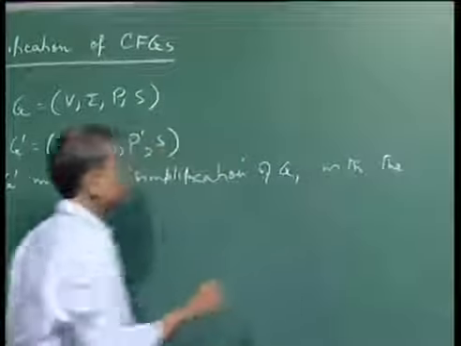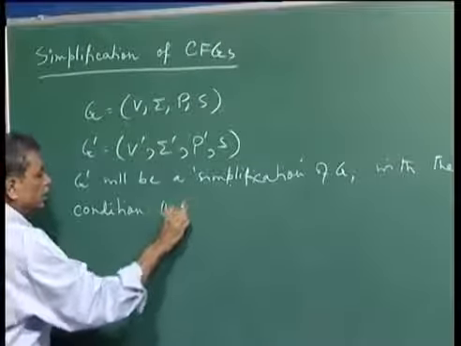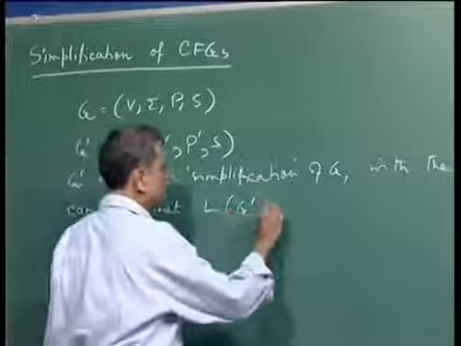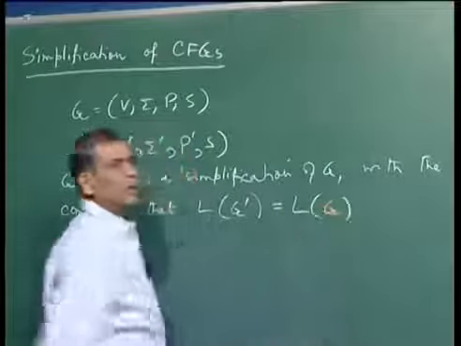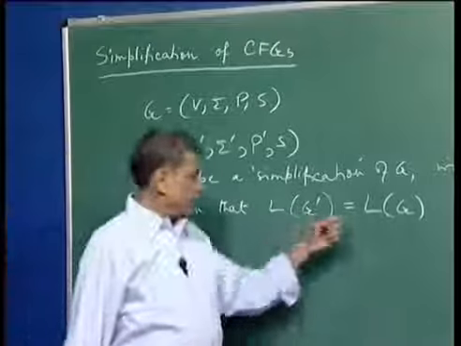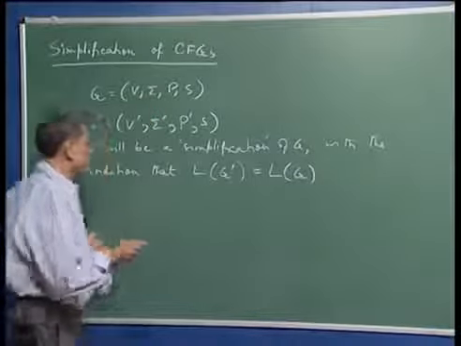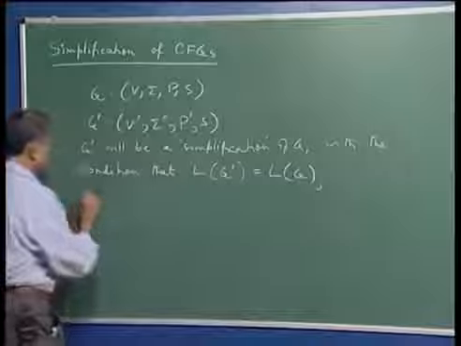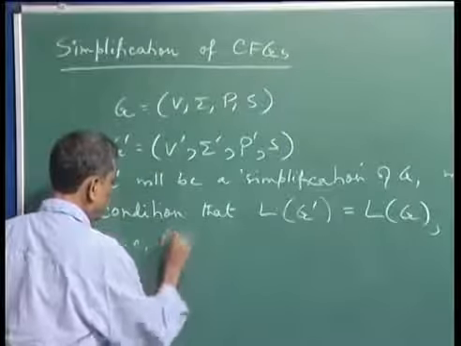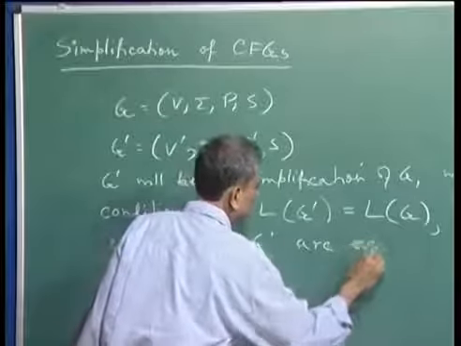So, we will say with the condition that the language generated by this new simplified grammar is the same as the language generated by the old grammar G. If two grammars are in this relationship, that is, they generate the same language, then we call them equivalent. G and G dash are equivalent.